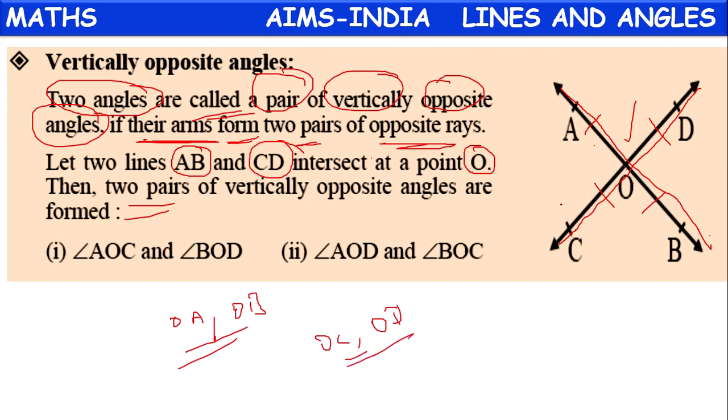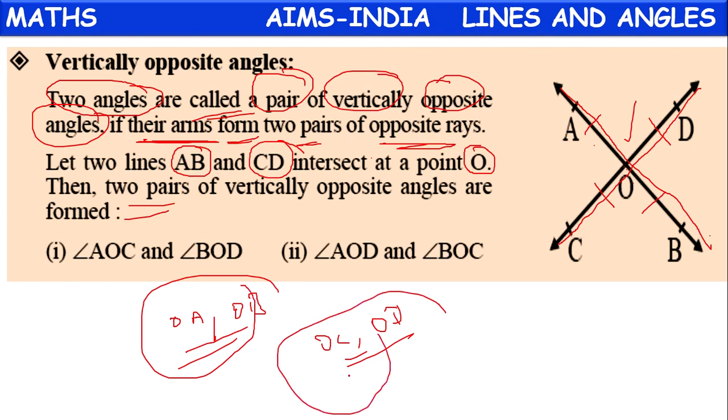So we have got two pairs of opposite rays. Then angle AOC and angle BOD will be considered as vertically opposite angles, and angle AOD and angle BOC are also vertically opposite angles.